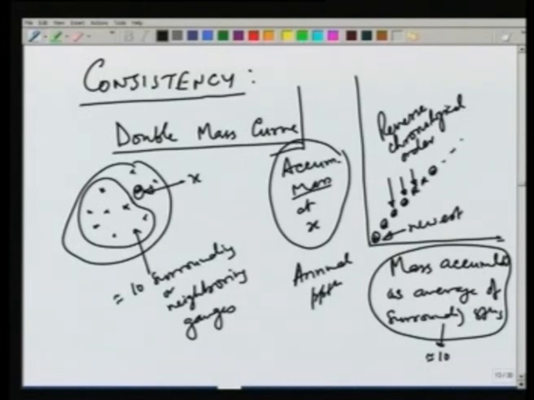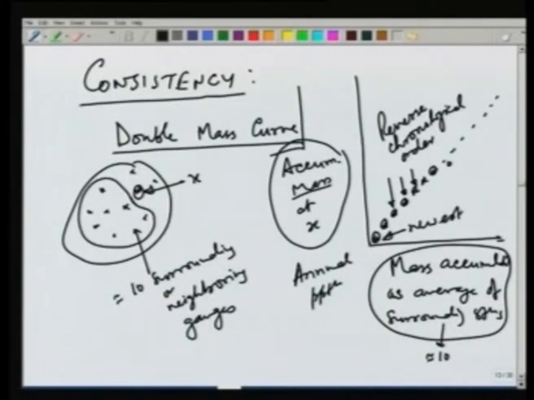So, ideally they should plot on the same line if the data is consistent, because then the accumulated mass of precipitation at x should have a certain definite ratio with the surrounding areas. But if the data is not consistent, then we may have a deviation maybe like this or maybe like this.